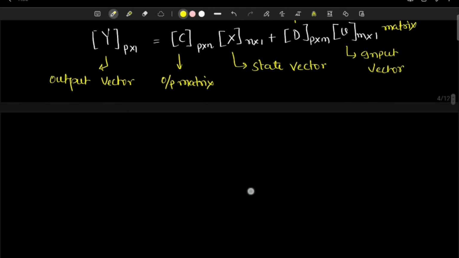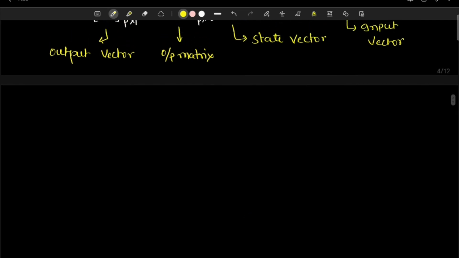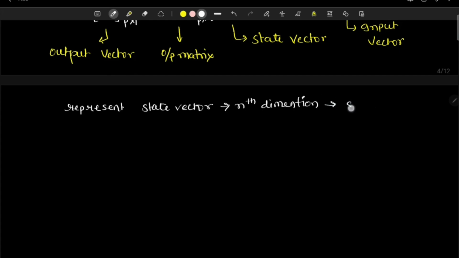Now if you represent the state vector in nth dimension, then it will be called the state space.